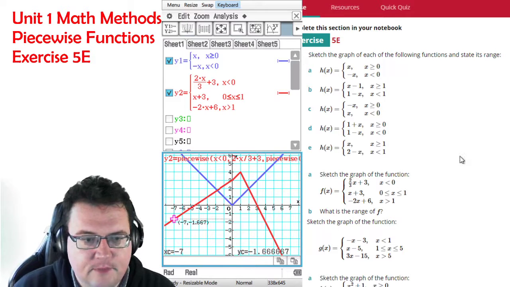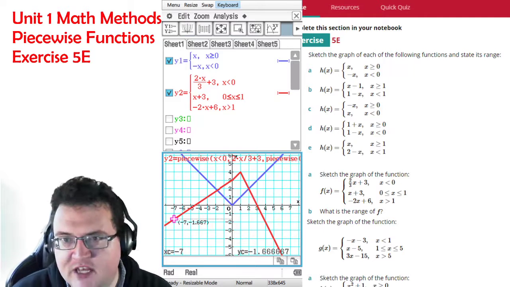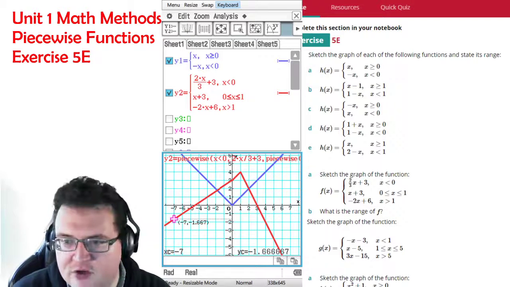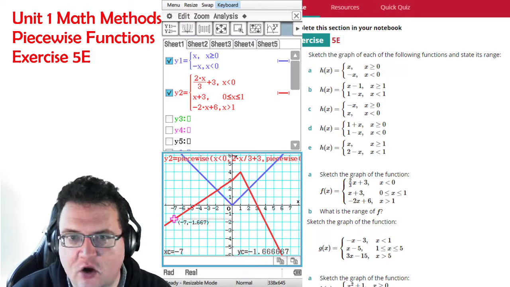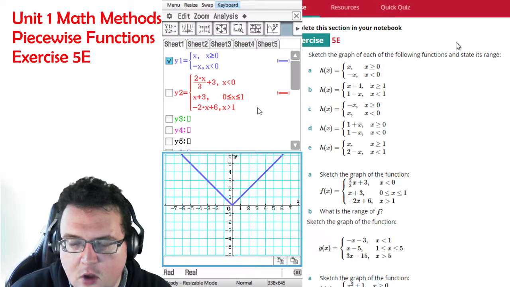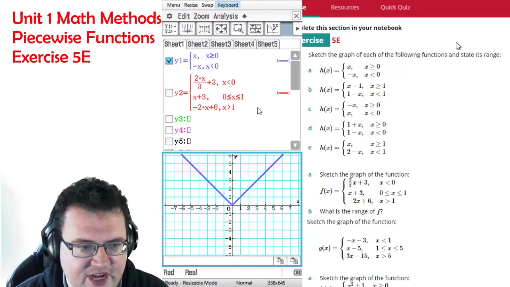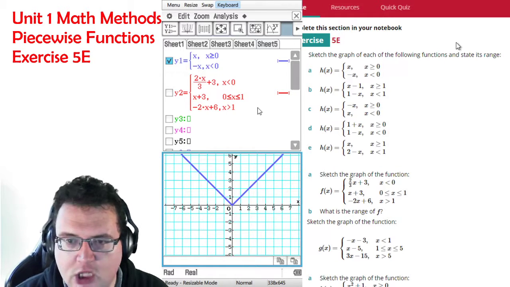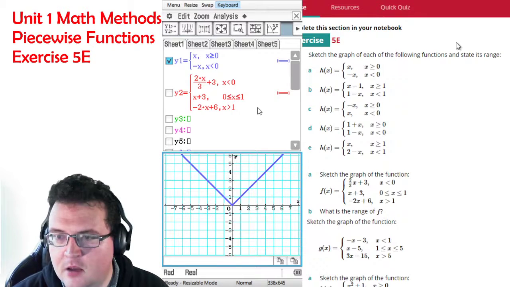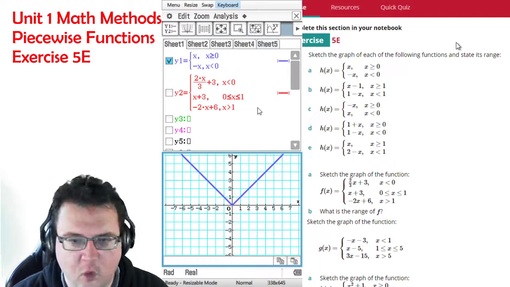Now, when it asks us about the range for these graphs, you have to take into account the maximum values that appear. So in the case of the blue graph, where does the range start? What is the lowest value of y on this graph, and what is the maximum possible value for y on this graph?